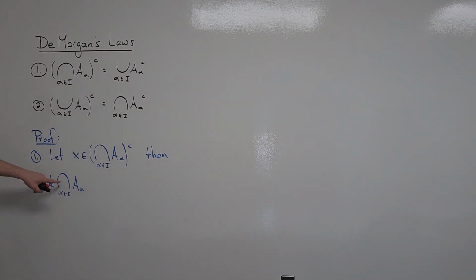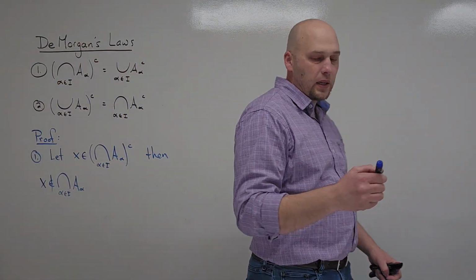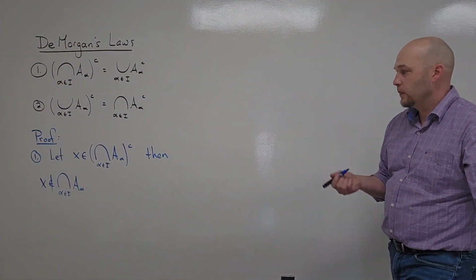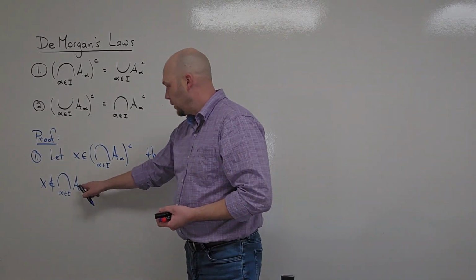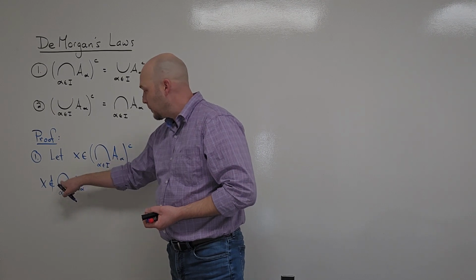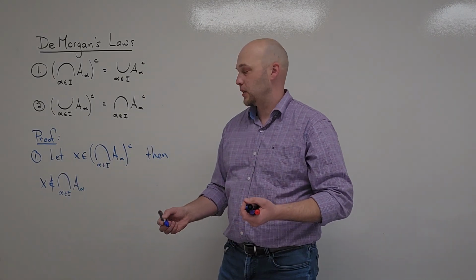But if X is not an element of that intersection, then it has to be not an element of at least one of those, right? If it was in the intersection, then it would be in every single one of these. In order to not be an element of the intersection, there has to be one of these that it's not an element of.